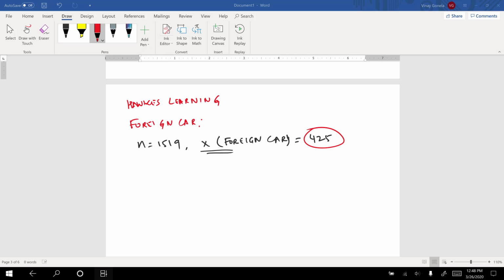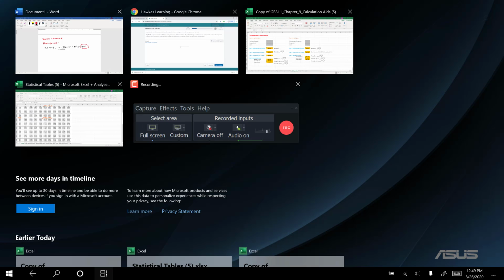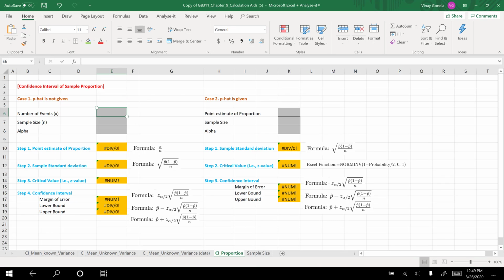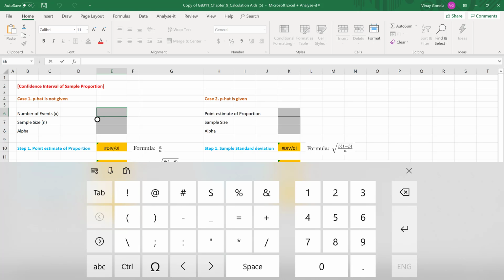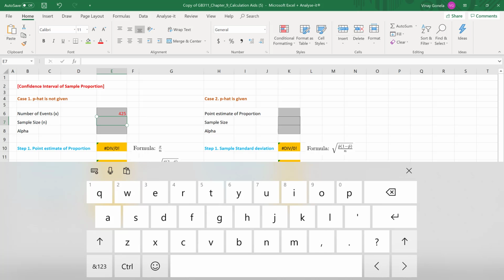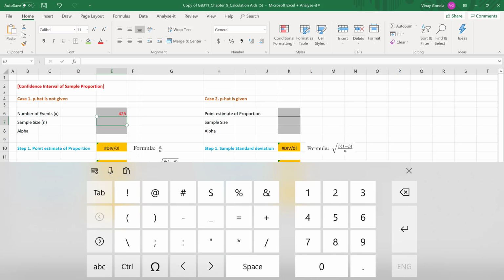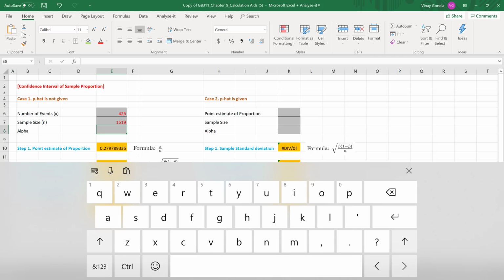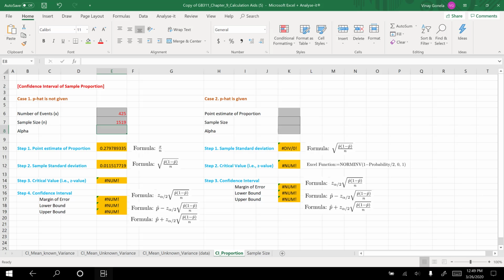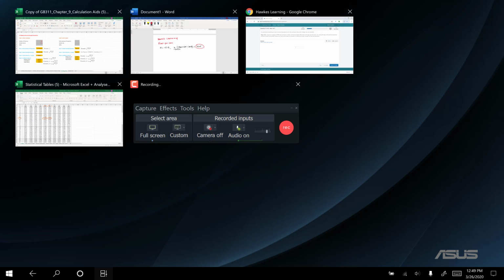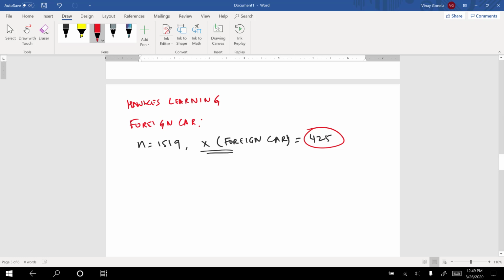So I will type in 425. So this is 425 and this is 1519. I guess that's right. So let me cross check 1519. Yeah, that's right, 1519.